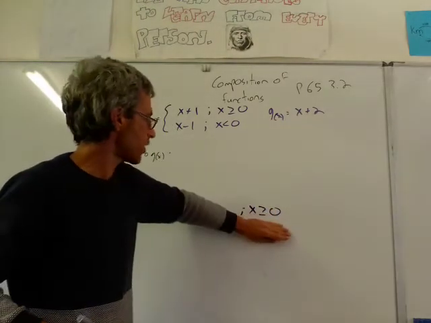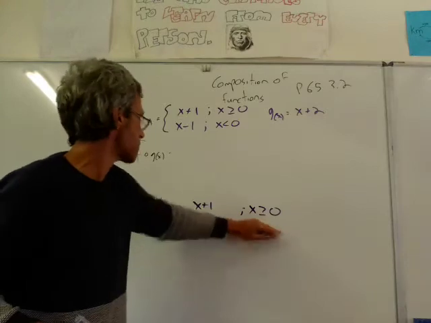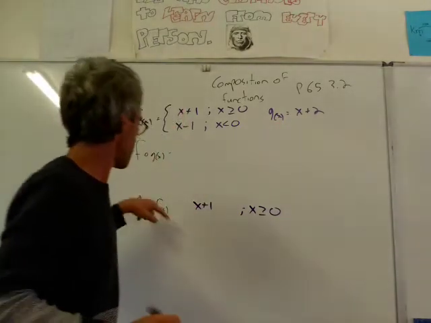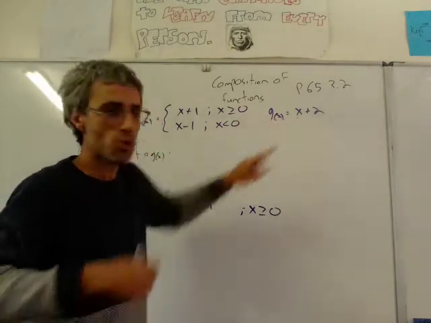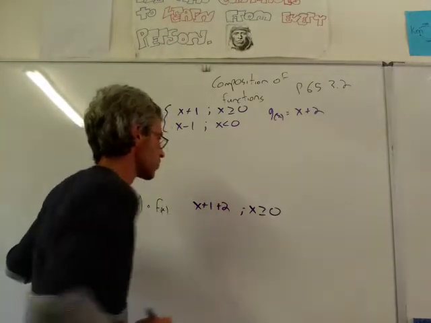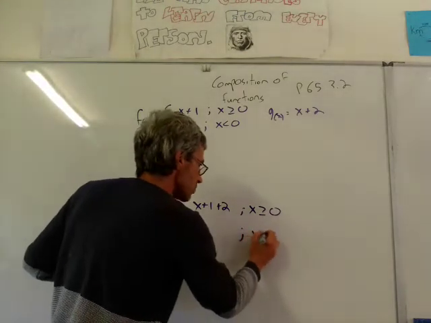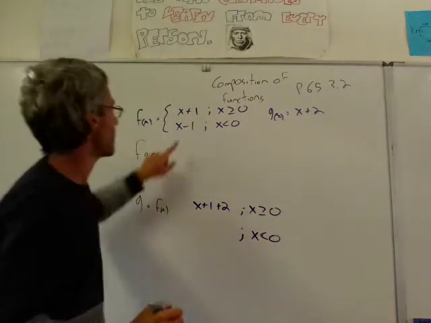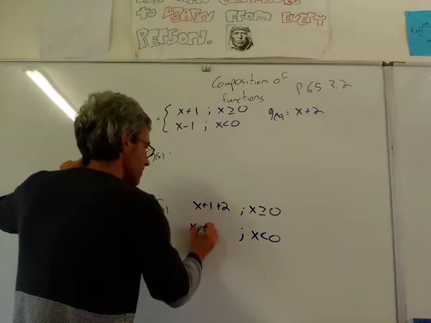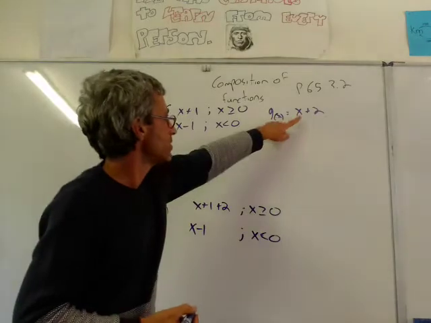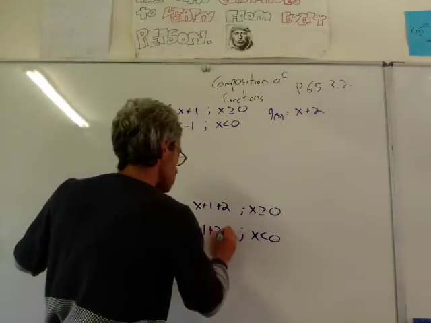Okay, so I'm just looking at positive x's. When x is positive, first of all, we operate f, x plus 1. Now, on top of that, we're going to operate g, which means we need to add another 2. Let's just write it like this for now. Okay? Now, what happens to negative x? Well, for negative x, f tells us that we just have to take away 1. And now we're operating g, meaning we're adding a 2.